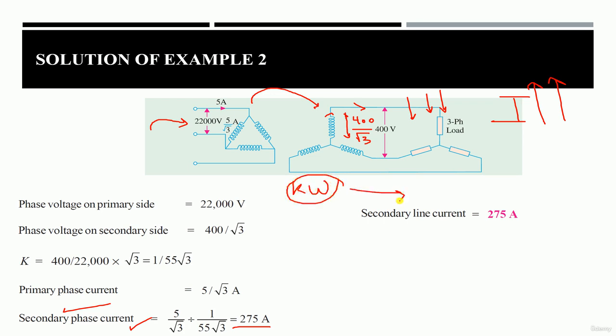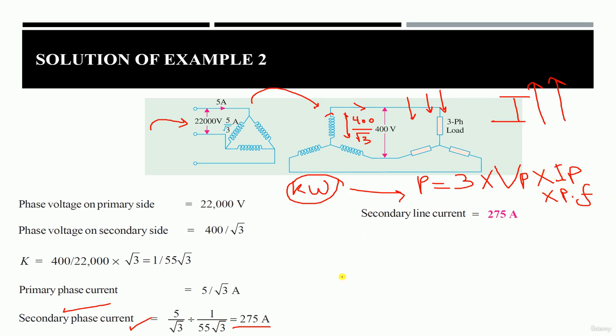So power in general is equal to 3 multiplied by V phase multiplied by I phase. This gives us the apparent power S. However, we need the active power, so we multiply this by the power factor.